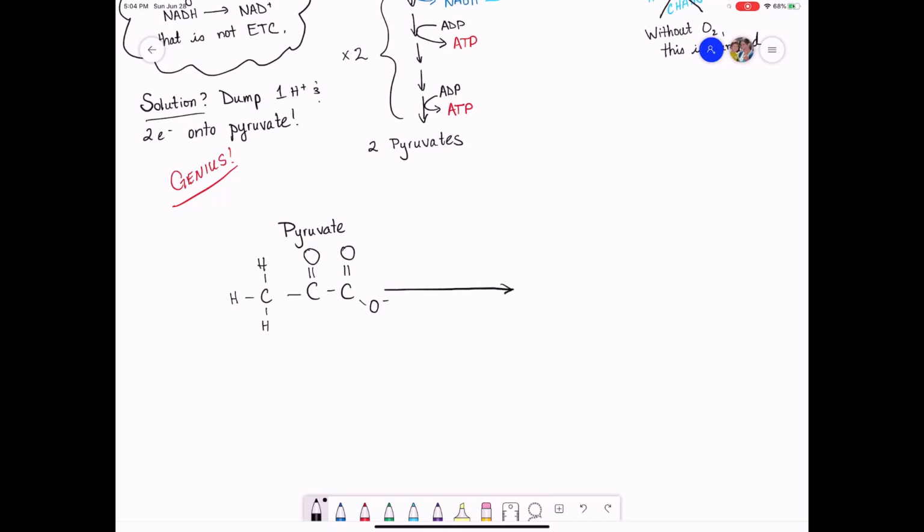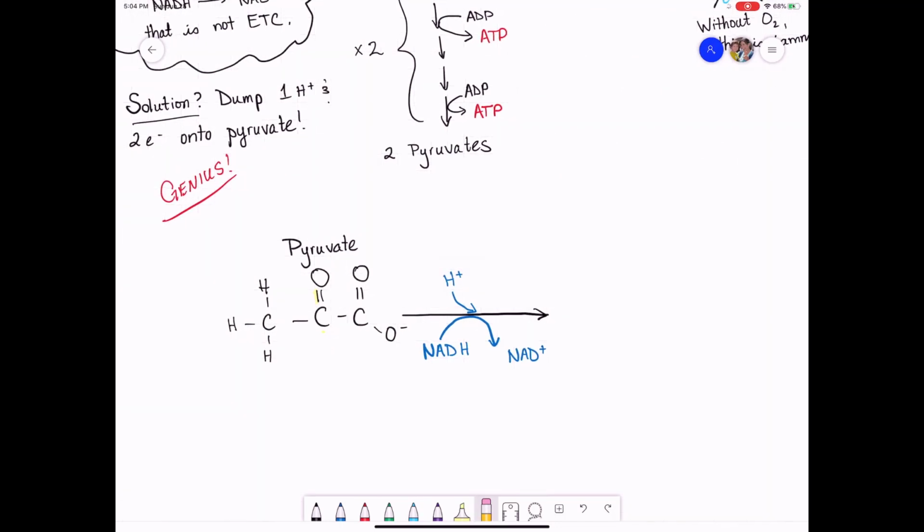So when we redraw the structure of pyruvate, we're going to see that NADH drops its electrons off onto the middle carbon, and in the process becomes oxidized, which is our whole point. Now, when we do that, you can see the middle carbon there is going to take a hydrogen from NADH.